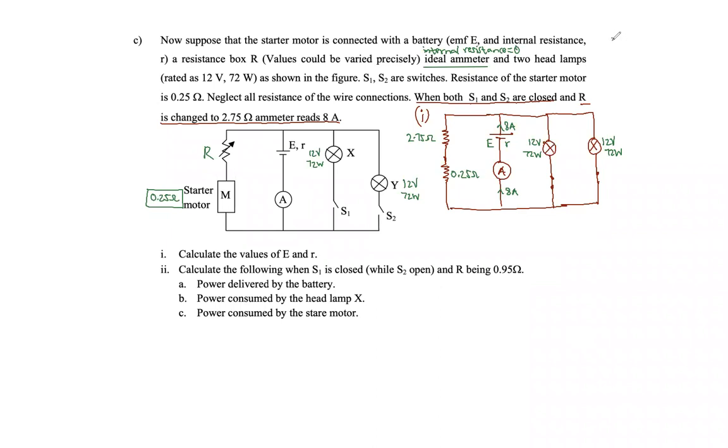For the bulb, you can apply this equation: power is equal to V squared over R. For power, you can put 72. V squared is 12 into 12. So R is equal to 144 divided by 72, and that is 2 ohm. You can find out the resistance of each bulb like that. So each bulb has a resistance of 2 ohm.